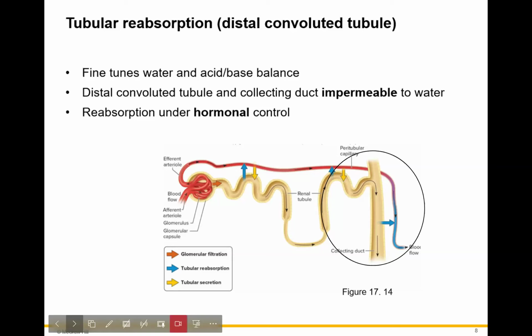What we're going to focus on is that normally this area is impermeable to water. So you're not going to have any water resorption. You will have water resorption, but it's under hormonal control. This would be a situation where you haven't had a lot to drink or you've been exercising and sweating.